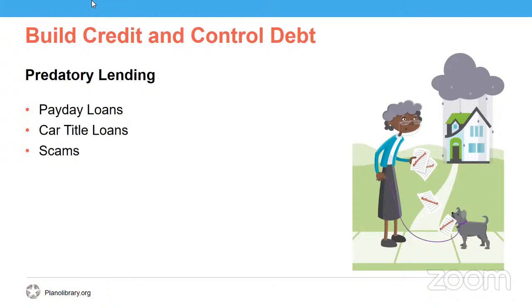These loans are characterized by many extra fees and higher interest rates than are normally charged at traditional financial institutions. The elderly and low-income individuals are frequently targeted by these companies in much larger numbers. So it's important to beware.